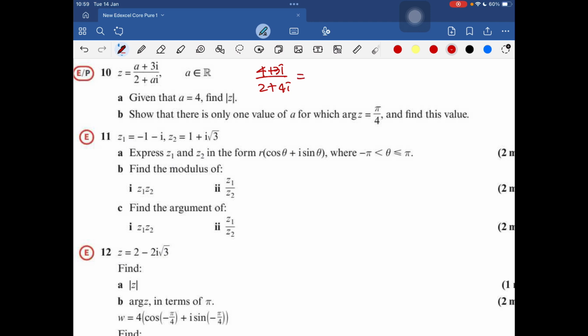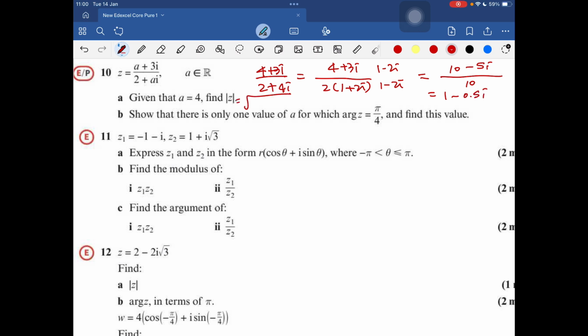When you have it like this, we need to figure out what the real part and imaginary part are. So multiply by the conjugate: 4 plus 3i times 1 minus 2i, over 1 plus 2i times 1 minus 2i. So 2 and 5, 10. And 4 plus 6, which is 10, plus 3 minus 8 is 5i. So we can tell this is 1 minus 0.5i.